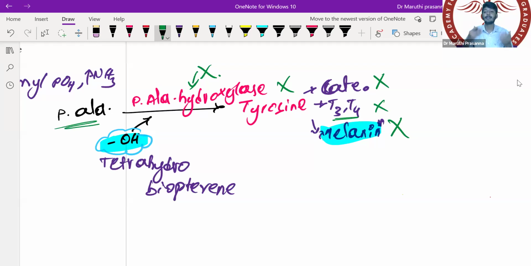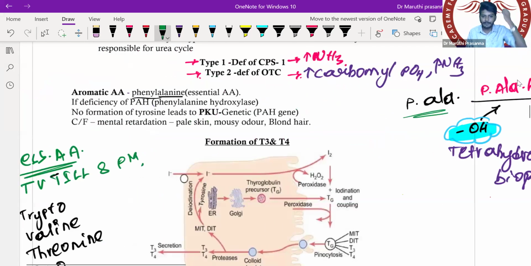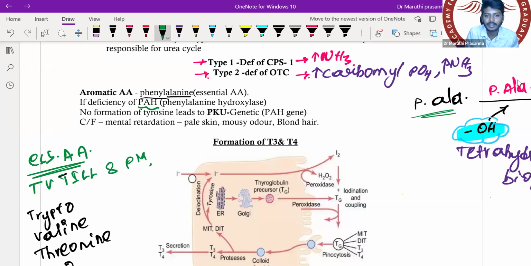Now more phenylalanine will be present in the body. This will lead to a disease called phenylketonuria. Okay. So if there is a deficiency of phenylalanine hydroxylase, there is no formation of tyrosine, leading to phenylketonuria caused by the defect called phenylalanine hydroxylase gene, PAH gene mutation.